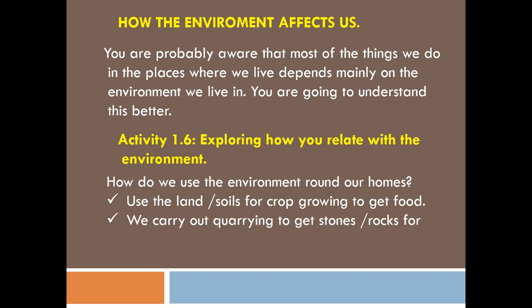So how do we use the environment around our homes? From the different photographs we've seen, where we have land and soils, we grow crops. Where we have rocks, we do quarrying to get materials for building and construction.